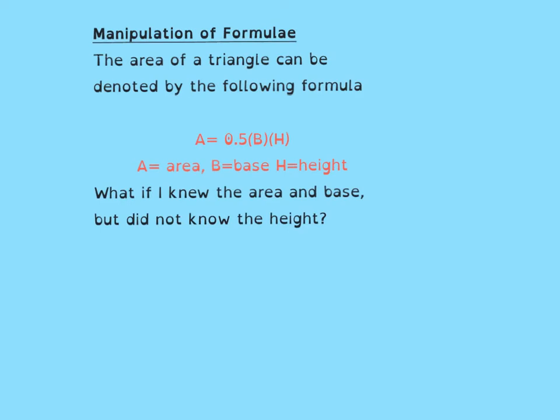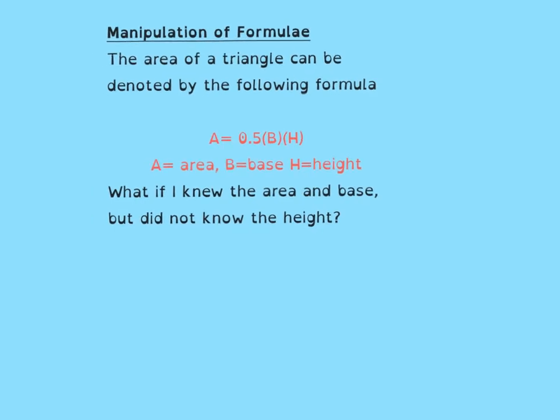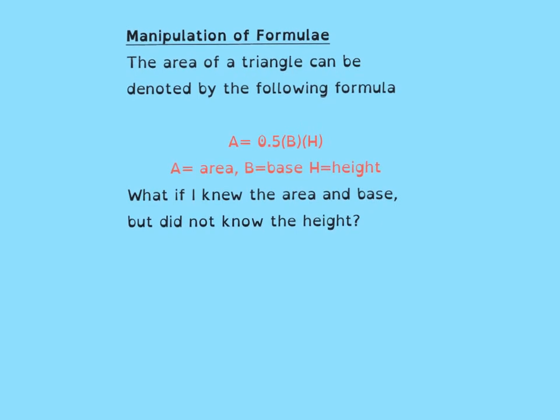Okay, so let's take another example. So you might remember from junior cert that the area of a triangle can be denoted by the following. So this A is equal to a half base by height. So I've just put that half in 0.5. So you'll remember that you would have had a triangle.